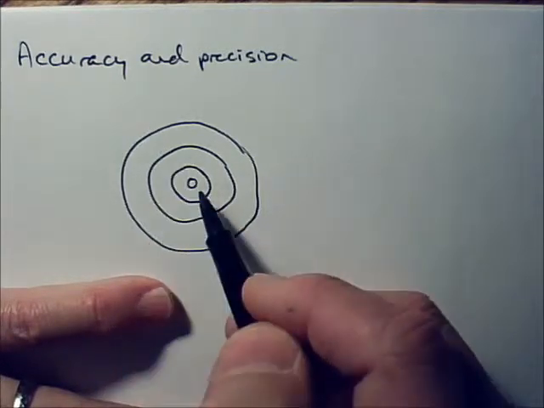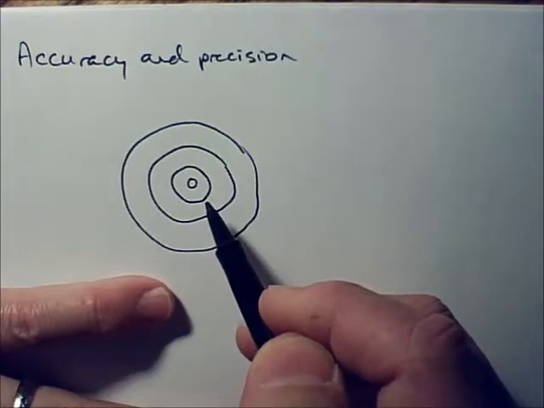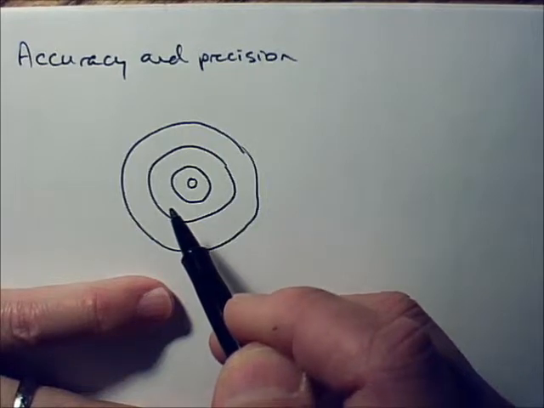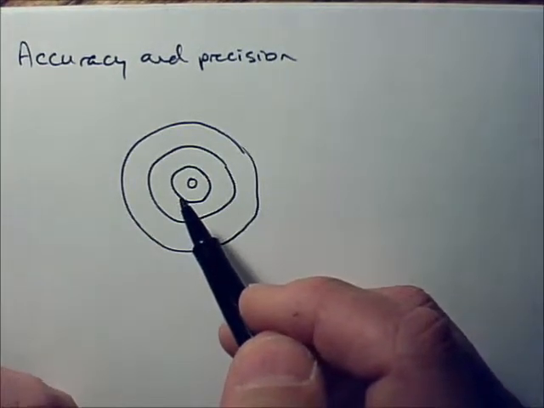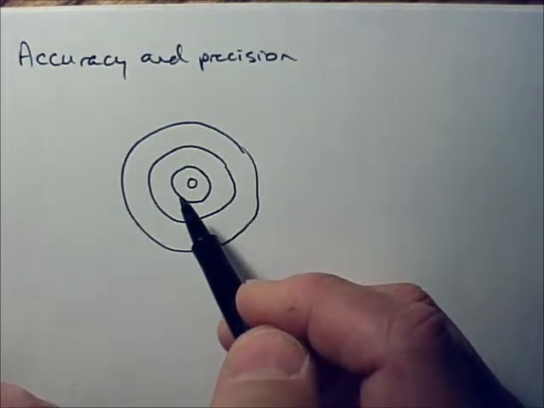Well, what that's referring to is measurements. Okay, so they're using a target to kind of infer, or they're implying, and you're supposed to infer, that we're talking about measurements.